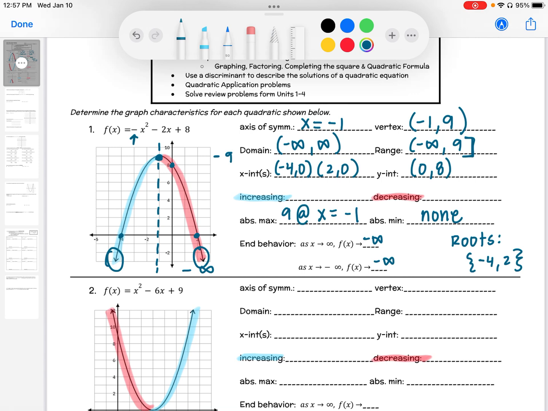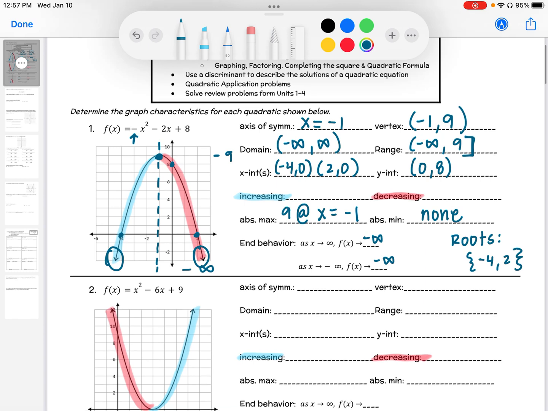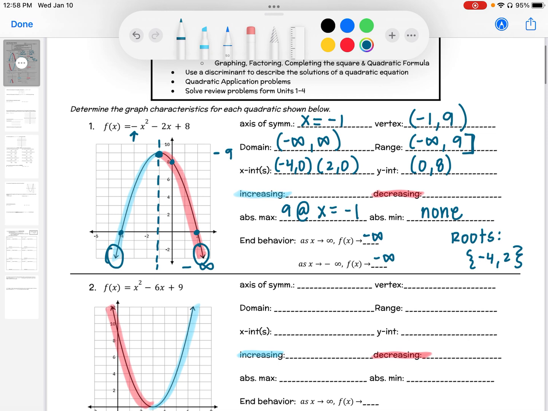All right, so I saved increasing and decreasing for last because I feel like this is where a lot of people struggle. So I already kind of went ahead and color coded it, but remember that our vertex cuts our quadratic graph in half. So we have this x equals -1. That's always going to be the number that is in our increasing and decreasing interval. So this left half of our graph, if we were to trace it, we're tracing it up.